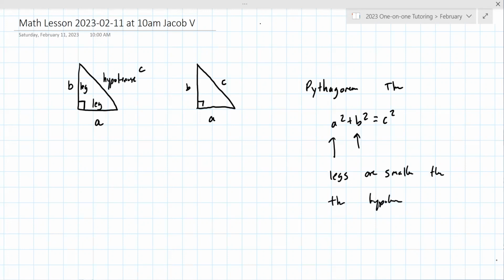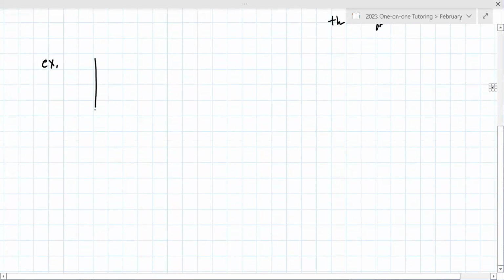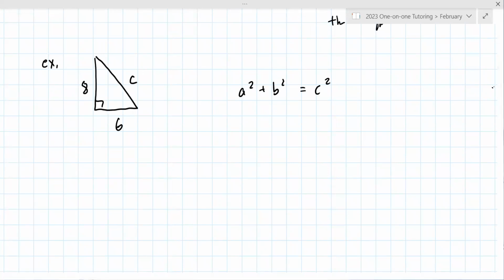Okay, so look at an example problem here. Let's say I give you a right triangle and tell you that this side is 6 and this side is 8. A squared plus B squared equals C squared. What are the values of A and B?